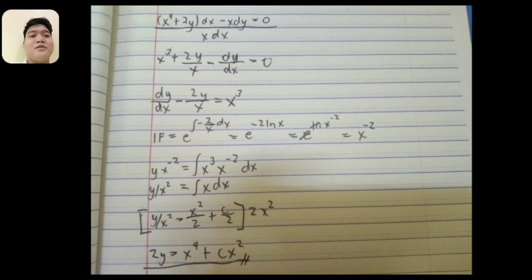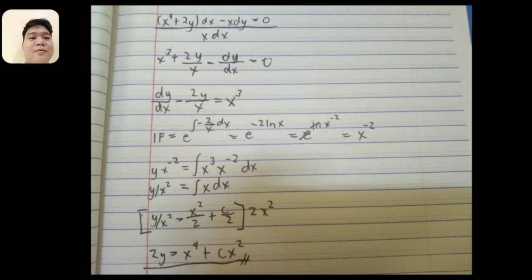So we rewrite it as y over x squared, moving x to the negative 2 to the denominator to make it positive. It equals the integral of x dx, since x cubed times x to the negative 2 is x.